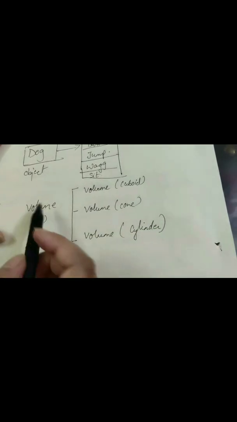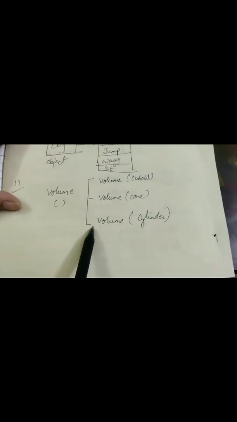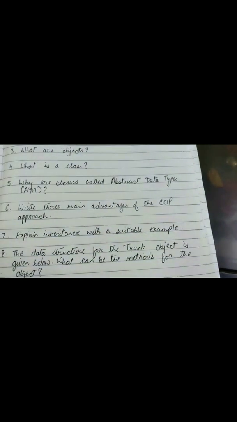Now see, our main method is volume only. When I say volume of cuboid, volume of cone, volume of cylinder, in this same class I have used 3 different methods. This is called method overloading. We have the next question.